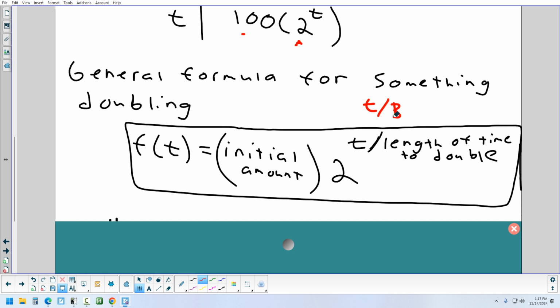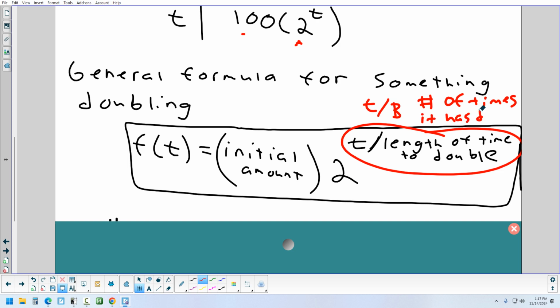Because this represents the number of times it has doubled, not necessarily the number of hours that have gone by.